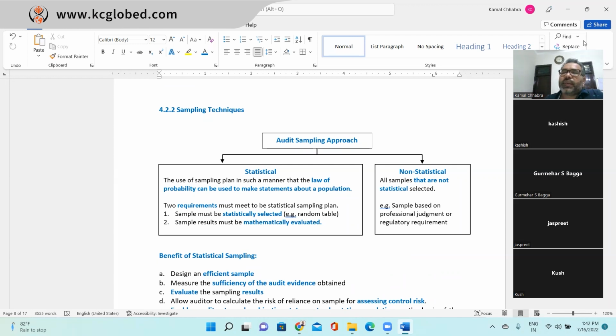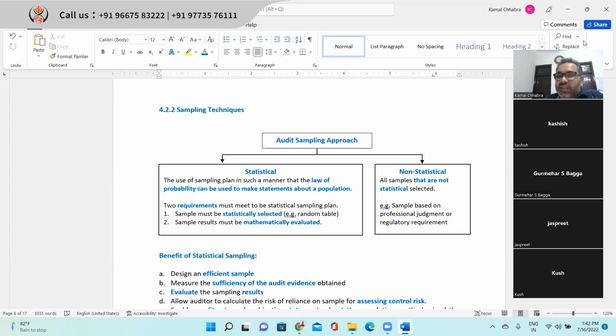In very plain vanilla language, statistical sampling approach focuses on selecting a sample from the entire population which is representative of the entire population. There might be different methods we will learn in detail, but at a high level, it gives you a representative sample from the entire population.